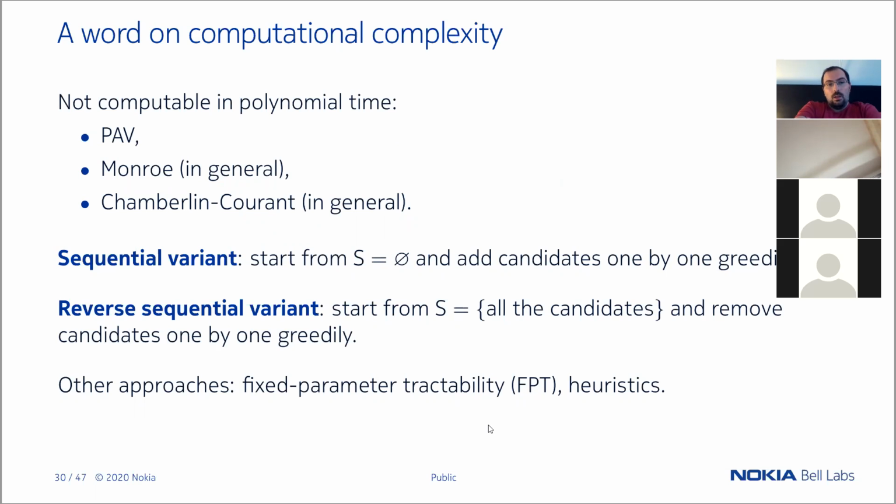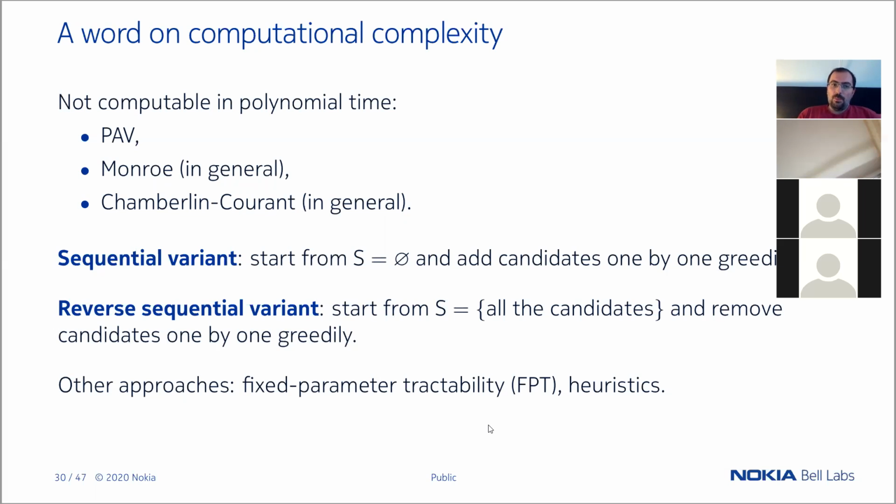In particular, proportional approval voting, Monroe and Chamberlain-Courant are not computable in polynomial time in general, unless P equals NP. Basically, the problem is that for each of these rules, you don't really know how to do better than computing the score of each set of candidates and seeing which set has the best score. So you have a combinatorial problem.